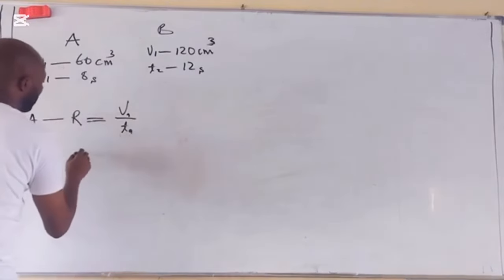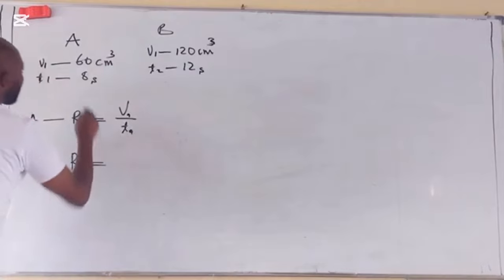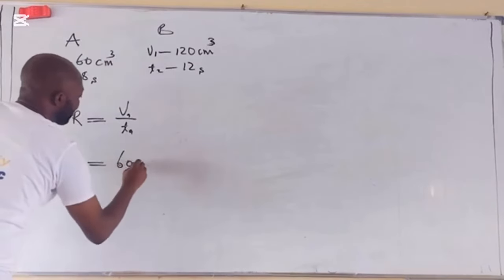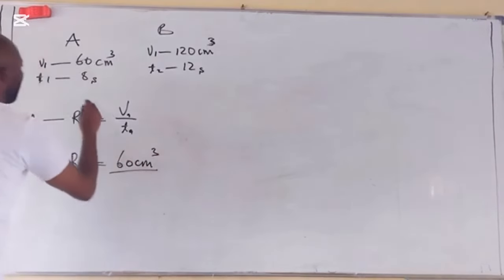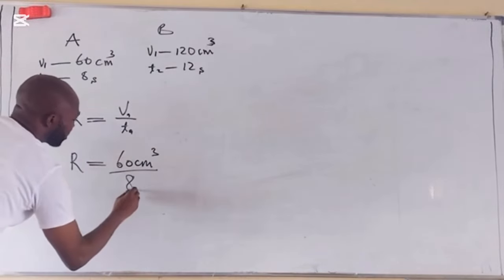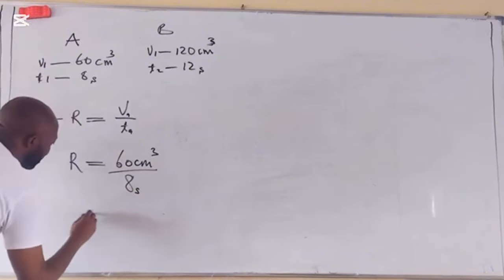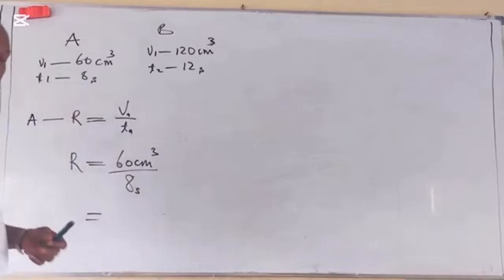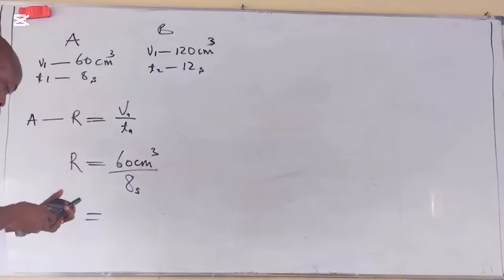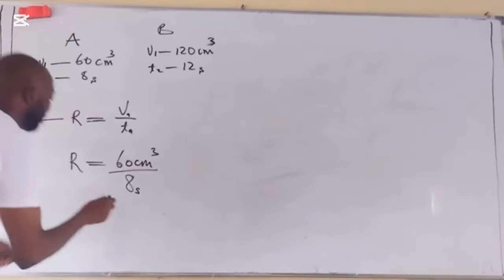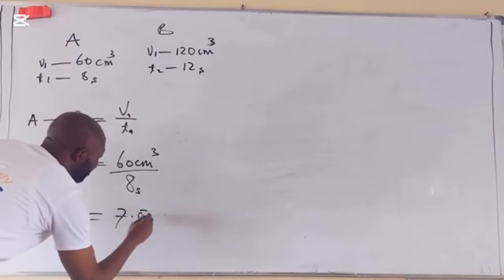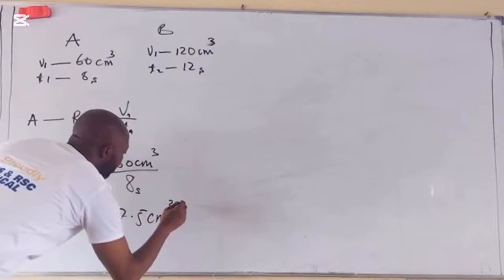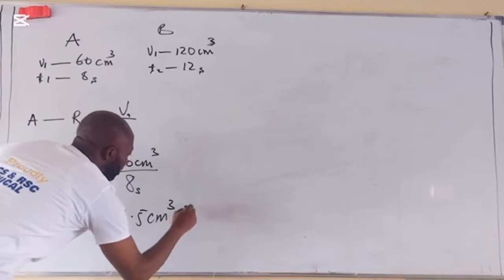So this is equals to, the volume is 60 cm cube. The time is 8 seconds. So this definitely is 60 over 8. Over 8, I have 7.5. So 7.5 cm cube per second.